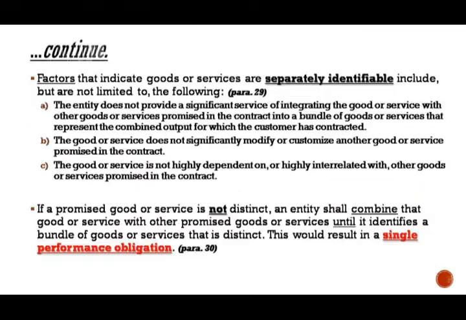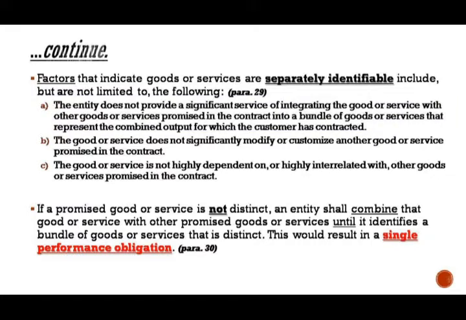And also, we have factors which indicate whether goods or services are separately identifiable. These are: the entity does not provide a significant service integrating the goods or service with other goods promised in the contract into a bundle of goods that represents a combined output with the customer.